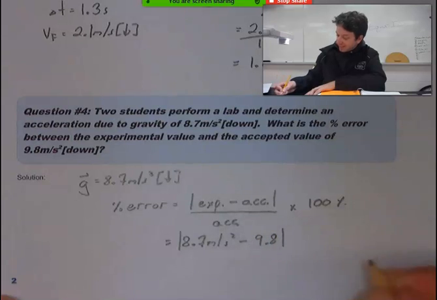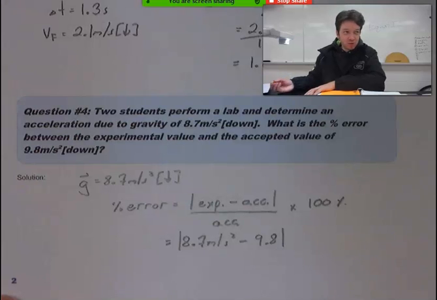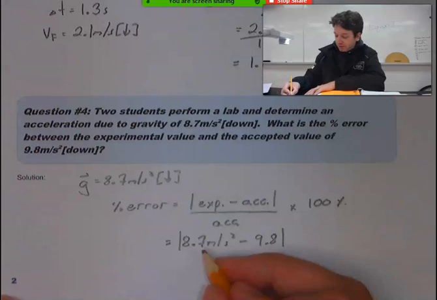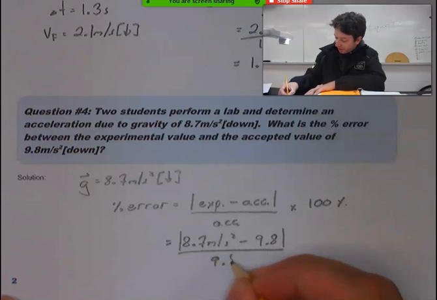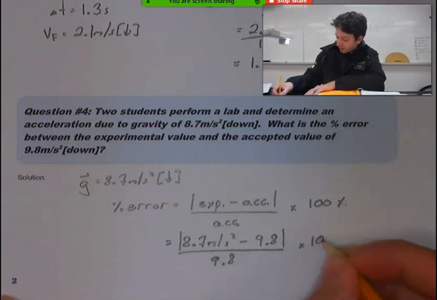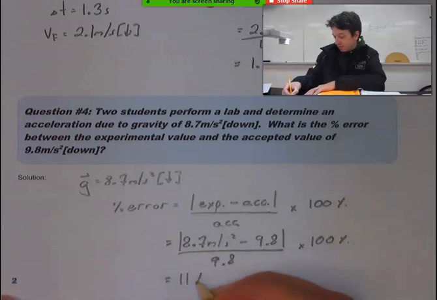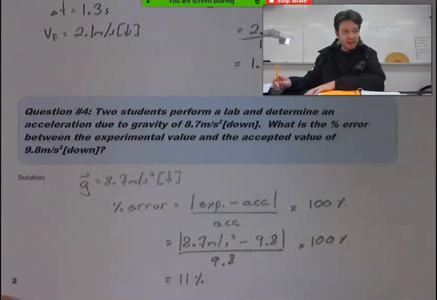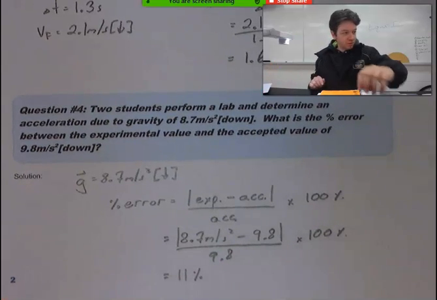That's going to give us a negative number, but remember, the absolute value signs just say ignore the negative, remove it, make it positive. Divided by the accepted 9.8 times 100%. When we do that, we get an error of 11%, which is not bad for this lab.